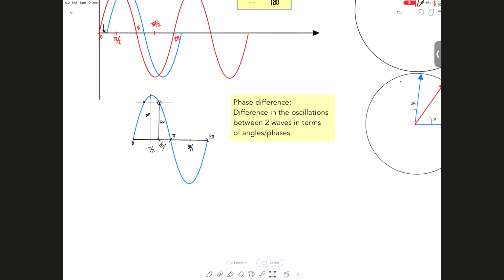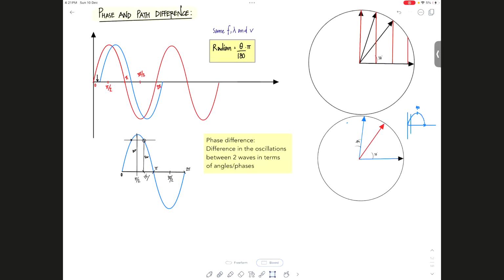Another example of phase difference. We'll see plenty of scenarios like this. This is just the introduction.